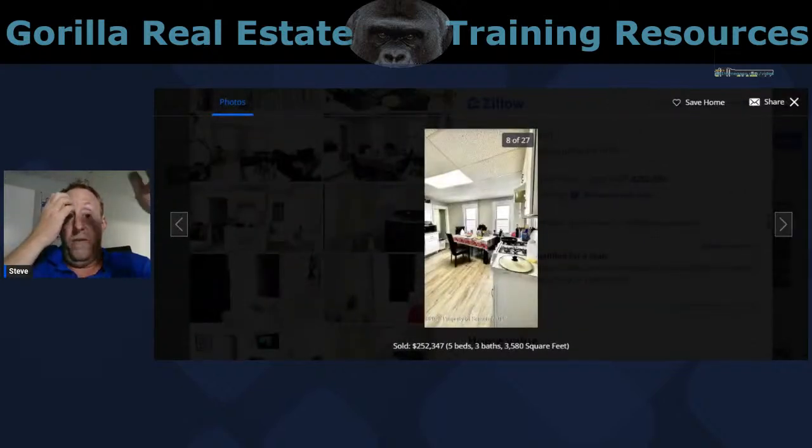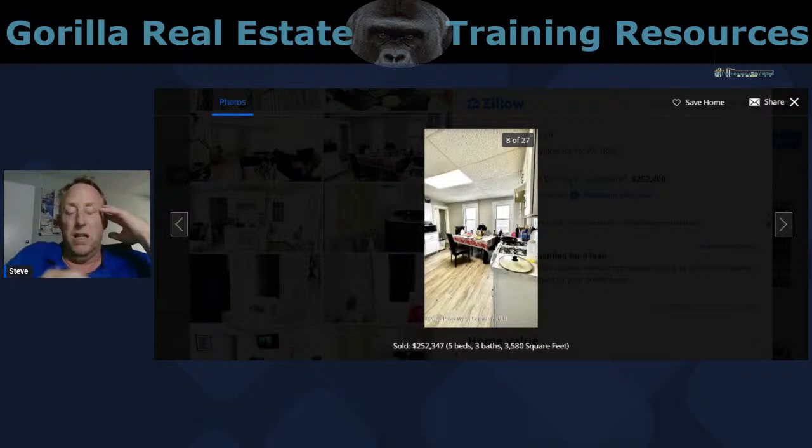So if this is worth $252,000 and it's going to cost me $30,000 to get it to this, then if I was buying the exact same property, 222, maybe a little lower because I want some equity for my sweat. So this is how you value property. It gets a little bit complicated. But at the very basic, you're looking at what have similar things sold to my property and what have things sold in finished condition to my property.